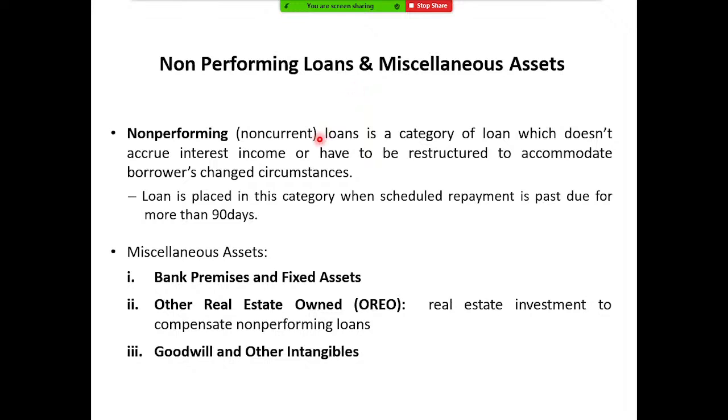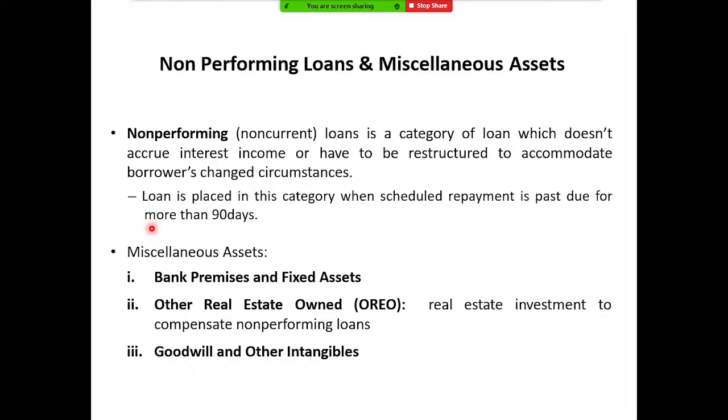So a non-performing loan is a category of loan which doesn't generate interest income, or has to be restructured to accommodate the borrower's changed circumstances. The loan is placed in this category when the scheduled payment is past due more than 90 days. So the particular customer has not paid the money for more than 90 days.